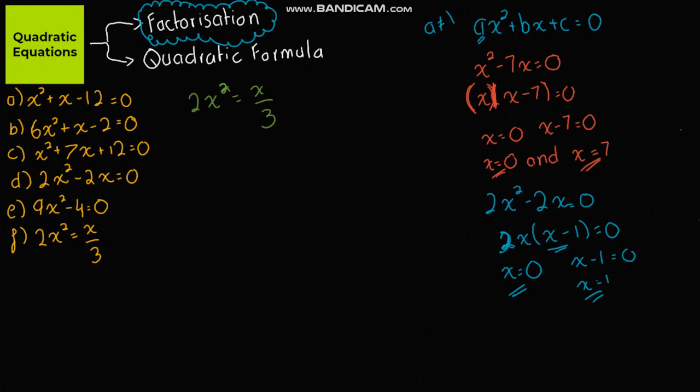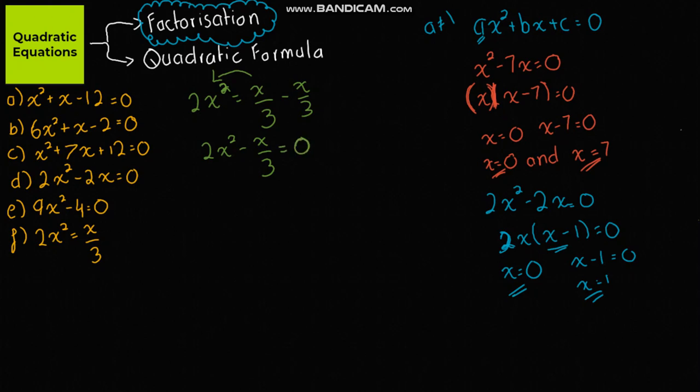It must be put into a form where the right hand side is equal to 0. So as I told you, in order to do that, we move this to this side, and when we do, we subtract x over 3 from this side and from this side. So therefore we get 2x squared minus x over 3 is equal to 0.